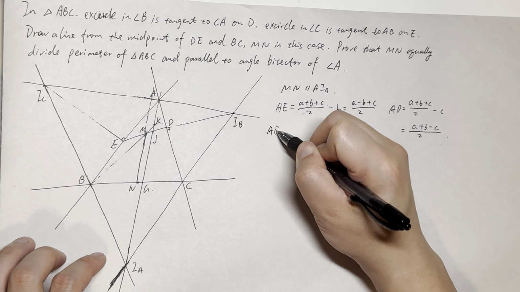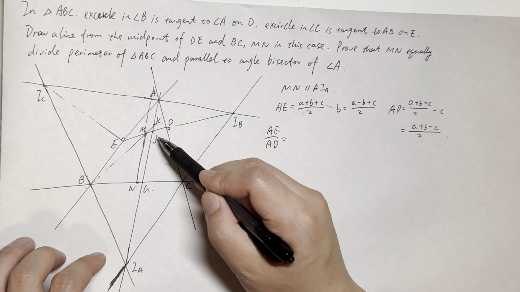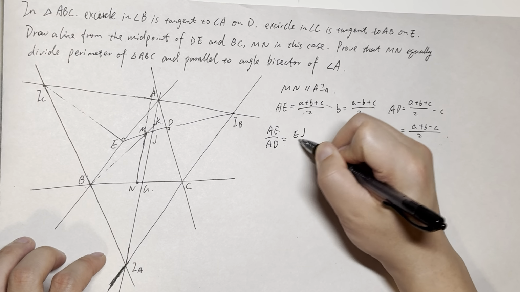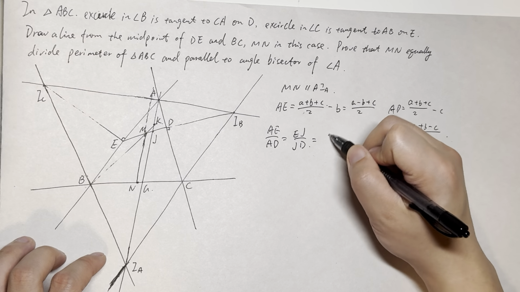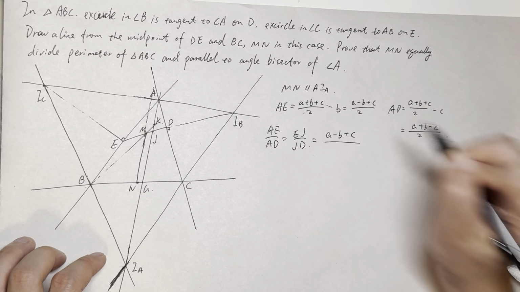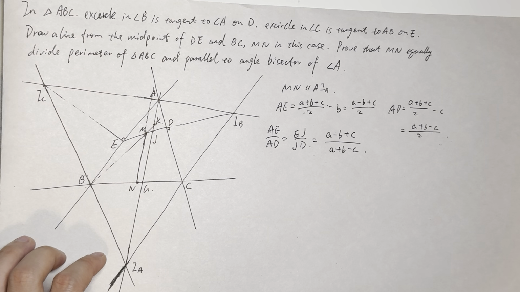So AE to AD equals EJ to JD, which means it equals A minus B plus C to A plus B minus C. That is EJ to JD.